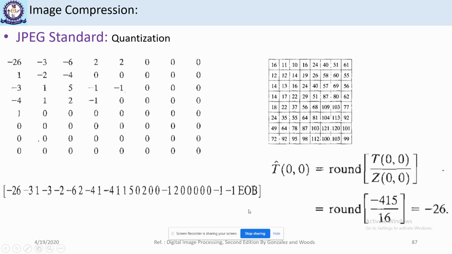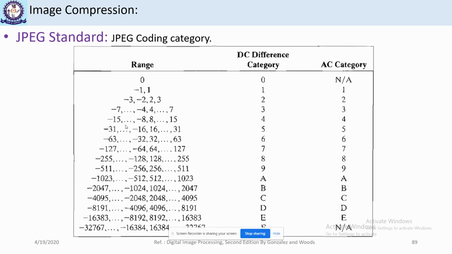So this is how the 2D array is converted into a 1D array. Hope this is clear.